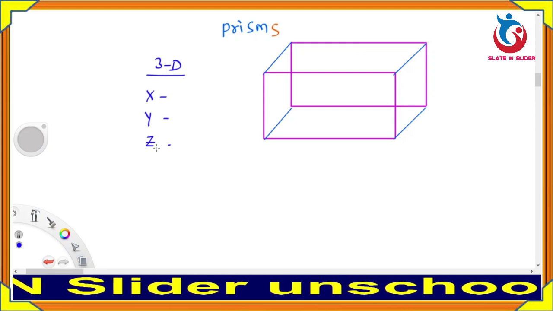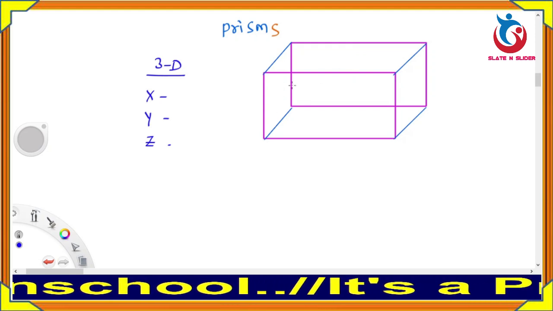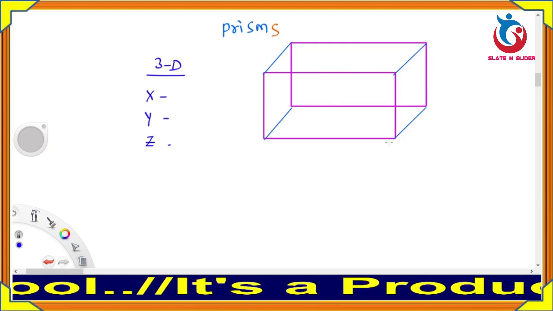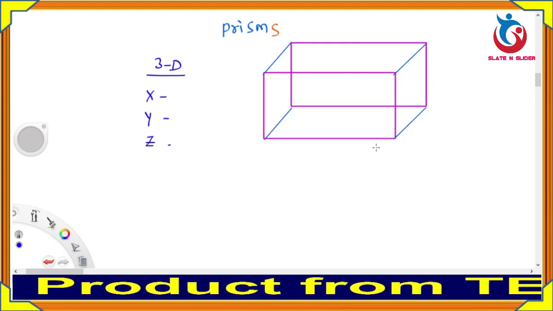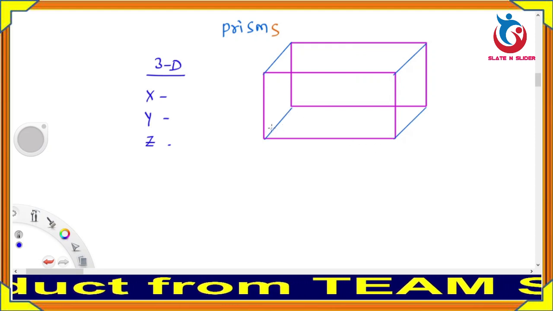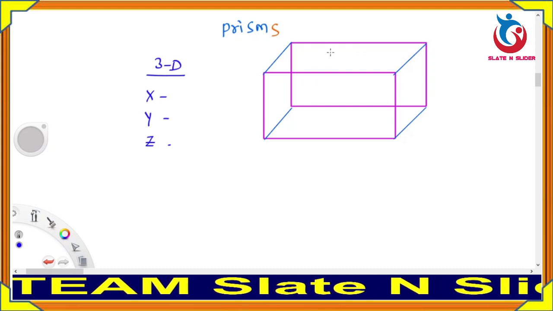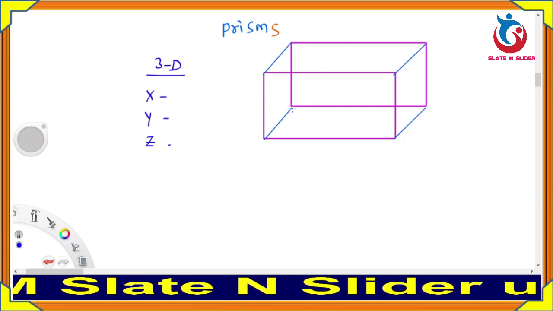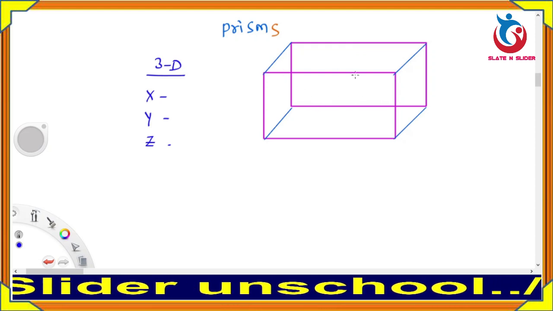The same way here, also this figure. By observing the base of this figure, we can name it. Suppose the base is in rectangular shape. Here in this figure, just observe the base. The base and the top are both rectangular. This is the base and this is the top.